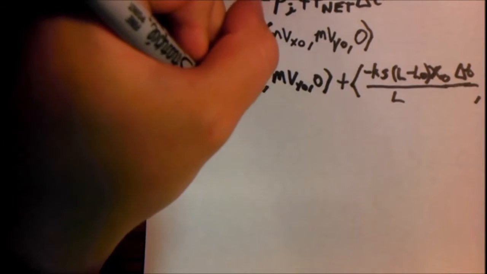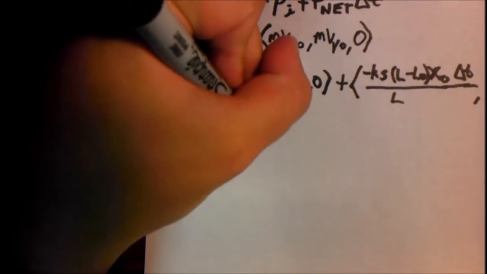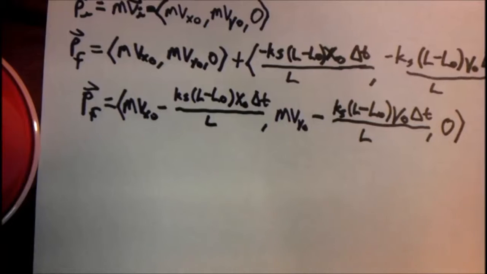So once we sum these two up, we get our final momentum, which comes out to be m vx naught minus Ks (L minus L naught) x naught delta t all over L, comma, m vy naught minus Ks (L minus L naught) y naught delta t all over L, comma 0, and that is your final momentum.